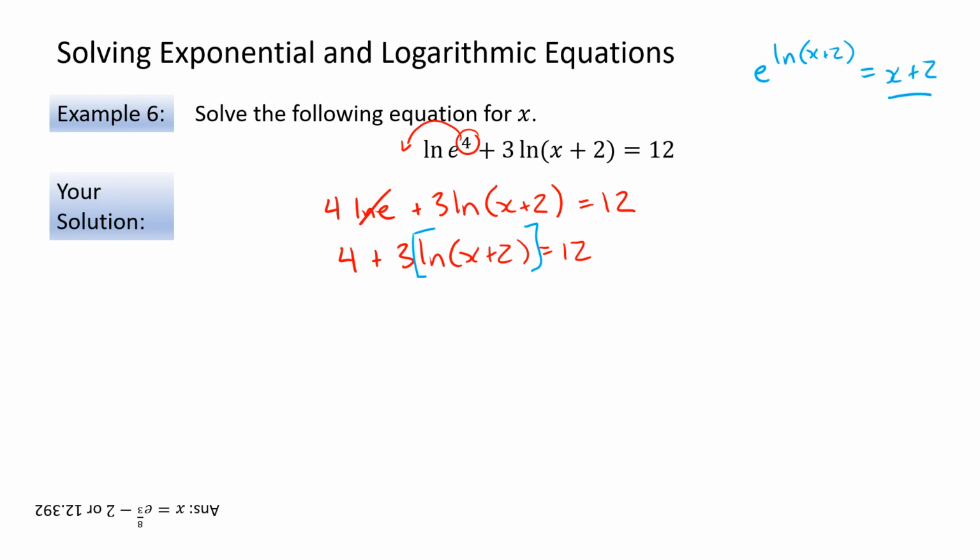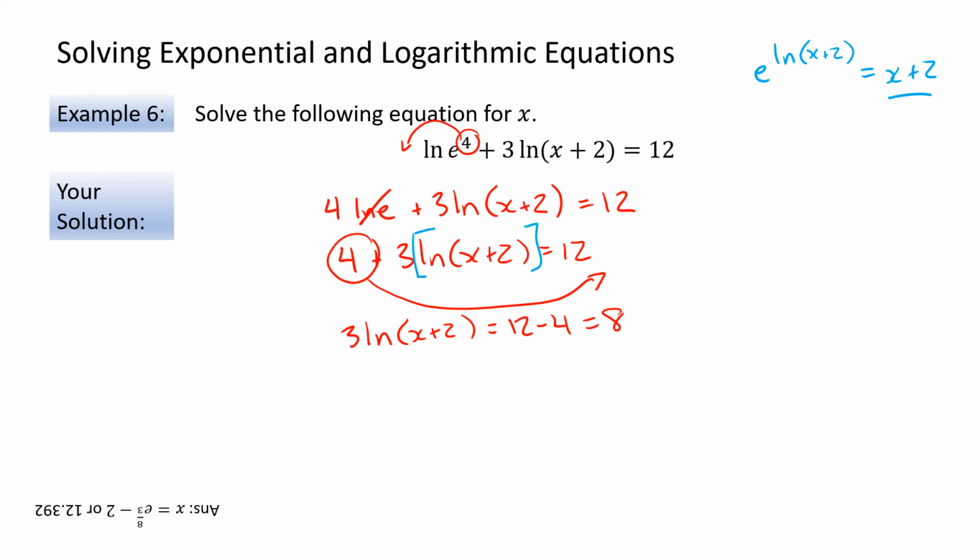So I want to be able to take the e of both sides to solve for it. I'm going to first move the 4 to the other side. So we get 3 ln of (x plus 2) is equal to 12 minus 4, which is 8.